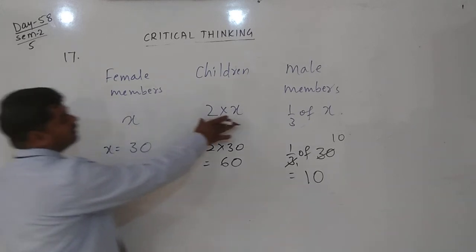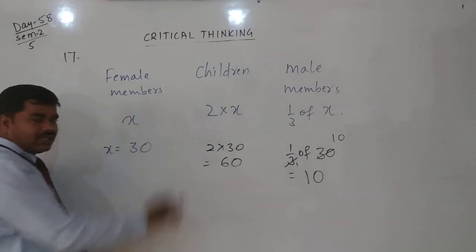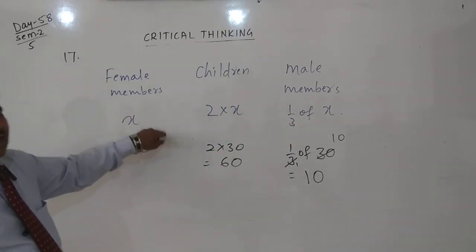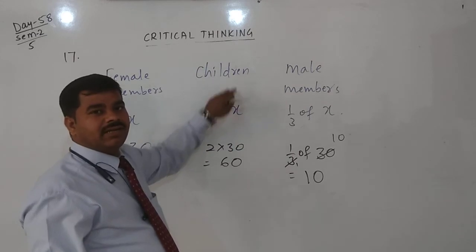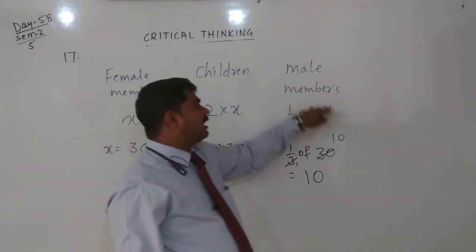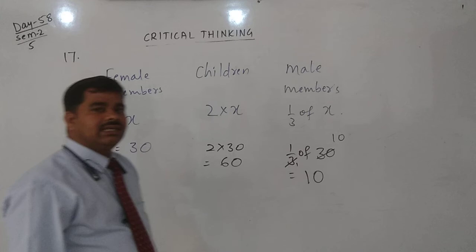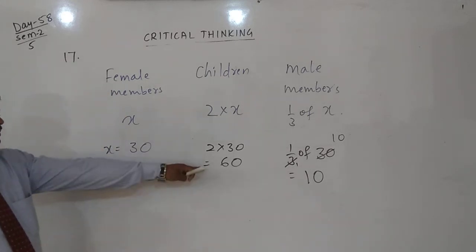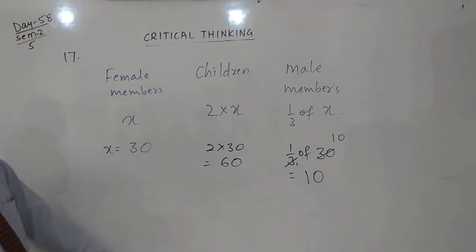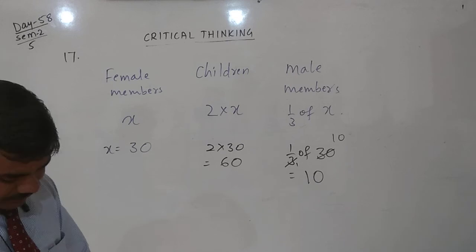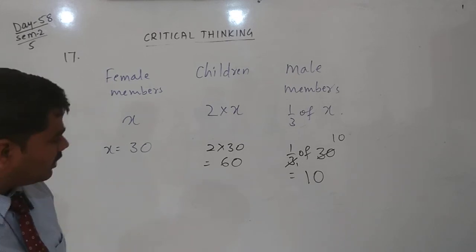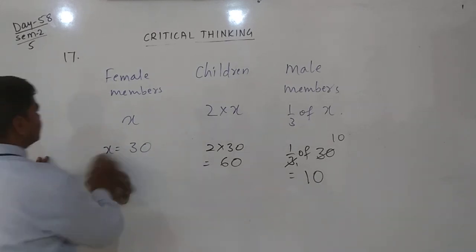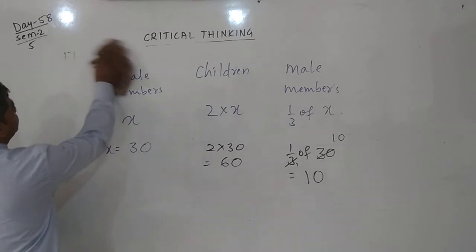You should take the known member as x, the double of female is 2x, and 1/3 of x is 30 by 3, that is 10. 10 male members, 60 children, 30 female members. Finished? Okay. After this, question number 18. Write this 17.